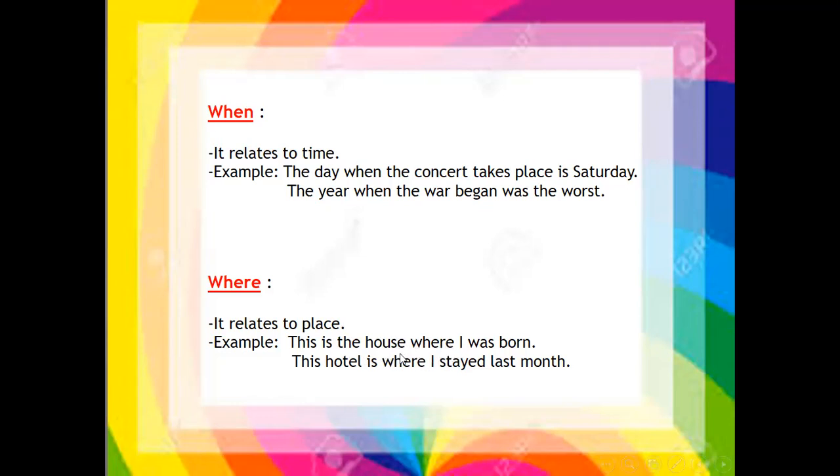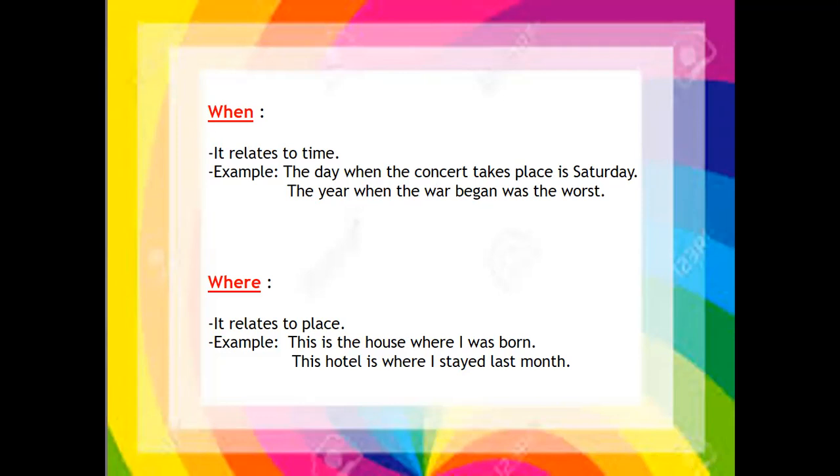It is a place. This hotel is where I stayed last month. هذا الفندق هو المكان اللي أقمت فيه الشهر الماضي. So where here refers to the hotel. We have to use where because the hotel is not an object, it does not refer to time, and it is not a person.